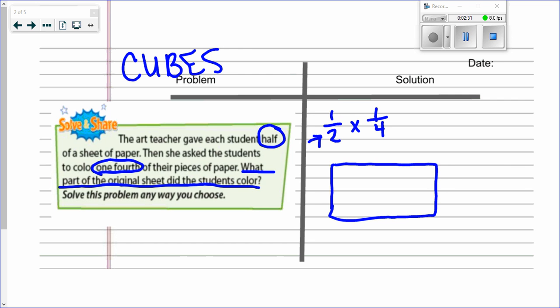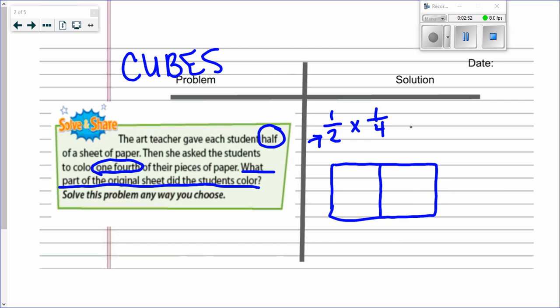I know that this teacher is giving me half of a sheet of paper, so this is going to be the whole sheet of paper. I am going to divide this into two pieces. I know that's 1/2 of this entire sheet. So I've just represented the first fraction.